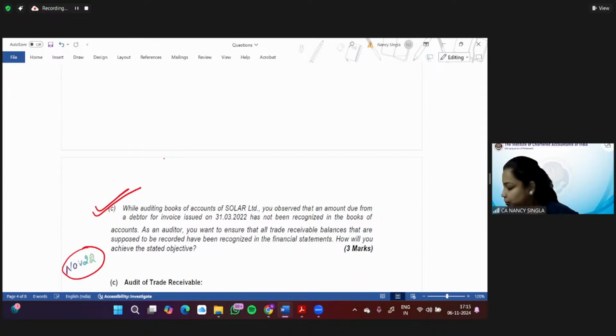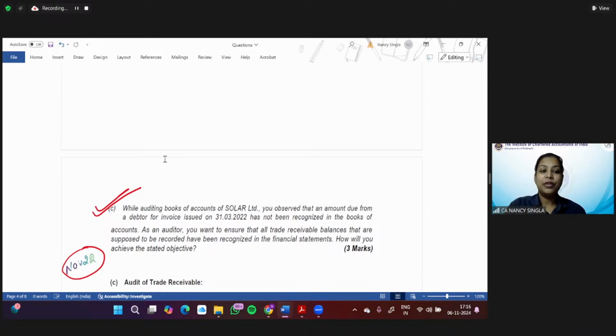While auditing books of accounts of Solar Limited, you observed that an amount due from a debtor for invoice issued on 31st March 2022 has not been recognized in the books of accounts. And the date of invoice is what?